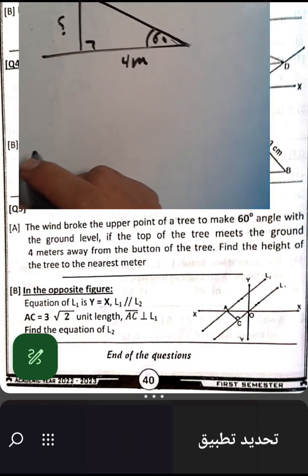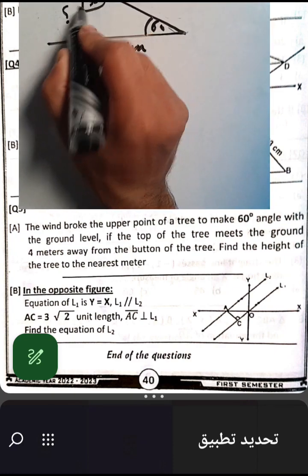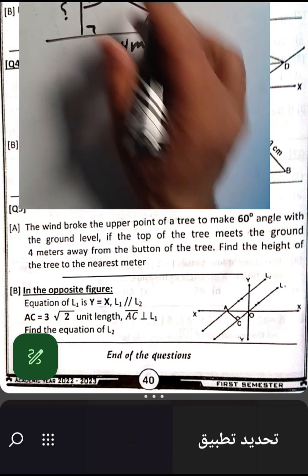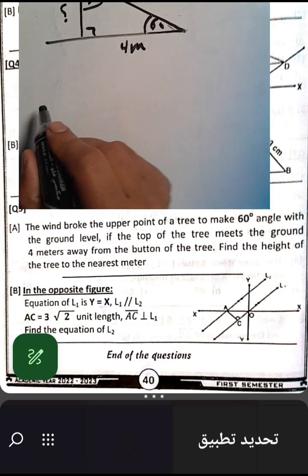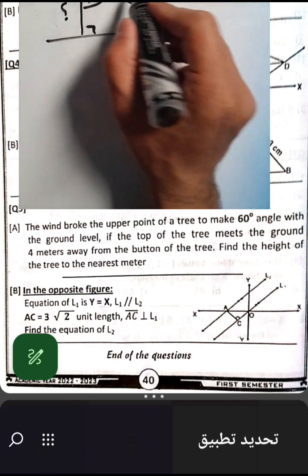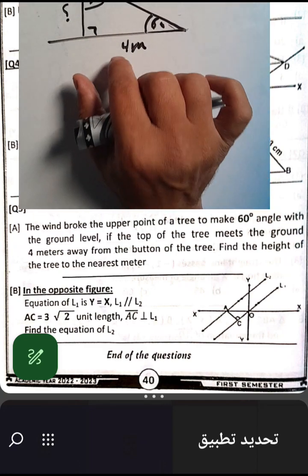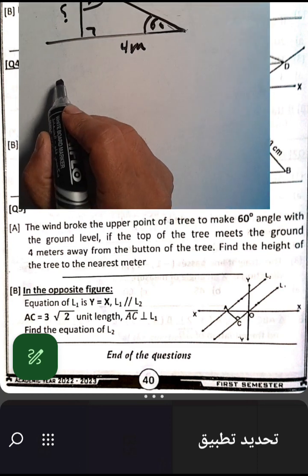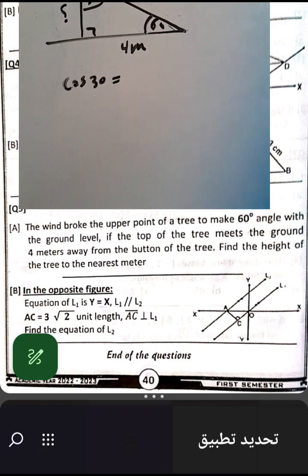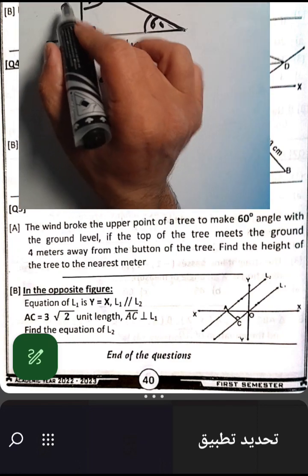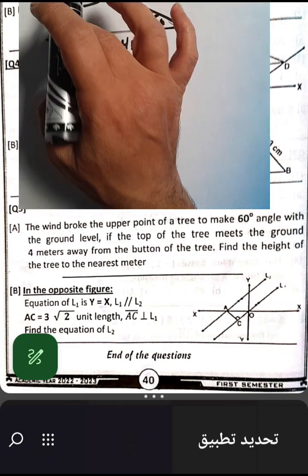Okay, we know this is 60, then the other angle will be 30 degrees. Then this length will be half of 4, it will be 2. No, it's not the hypotenuse. It is 4. I can write adjacent, to write cosine. We know cosine 30 equals this part, I will call it x, adjacent over hypotenuse.